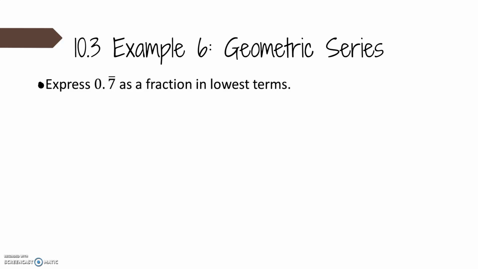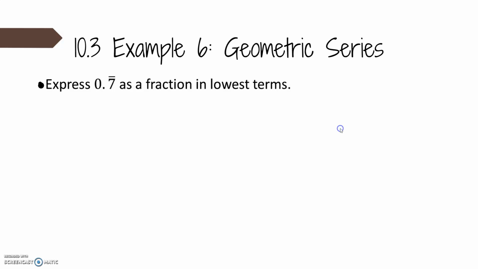Any repeating decimal like this can be expressed as a fraction, and we would like to express it as a simplified, lowest-terms fraction. The trick is recognizing that this is the same digit infinitely many times, which makes it an infinite series. In fact, it's an infinite geometric series.